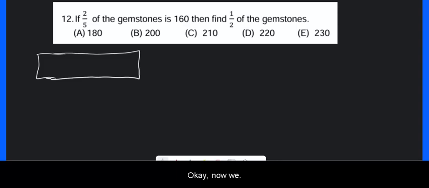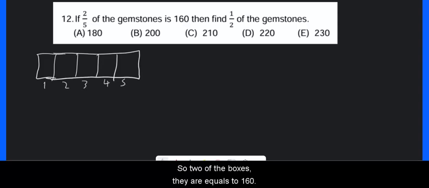Now we could find it. Let's divide this into 5. So we know that, for example, this is 1, 2, 3, 4, 5. So 2 of the boxes are equal to 160.